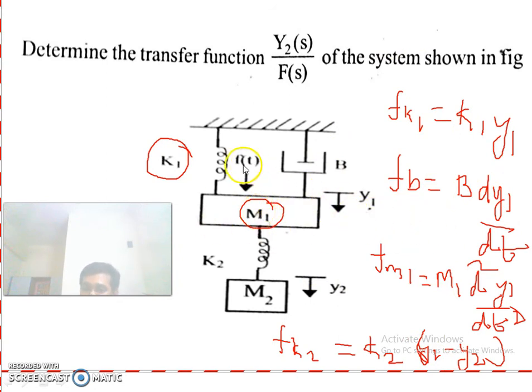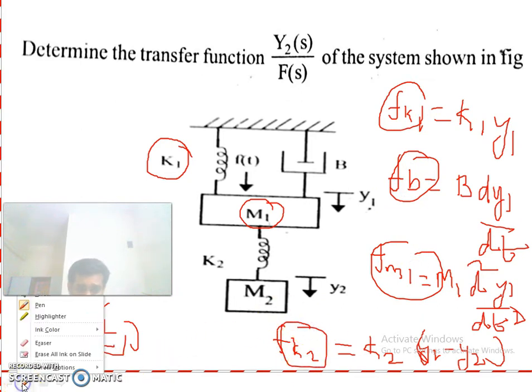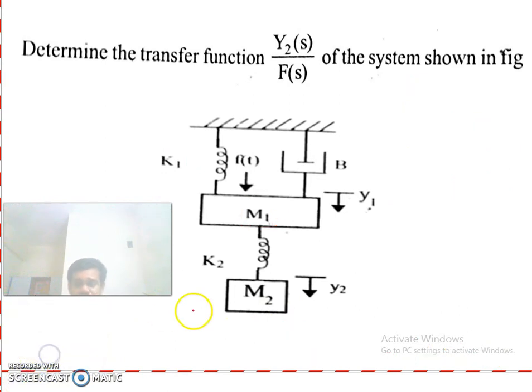So in mass m1 you are applying an input force, that is nothing but f of t. It is nothing but the applied force, and this Fk1, Fb, Fm1 and Fk2 are the opposing forces.